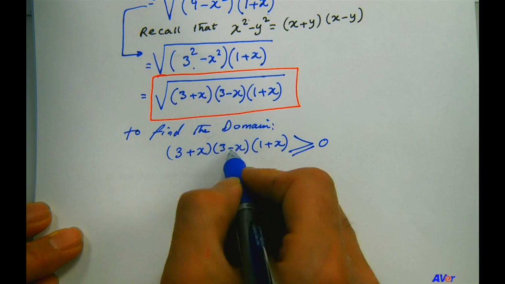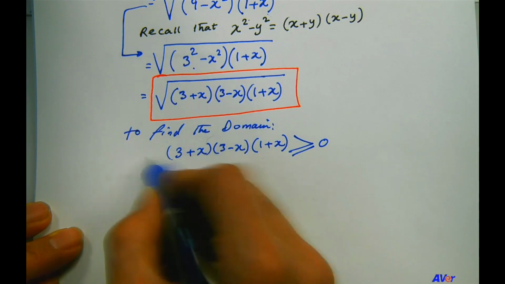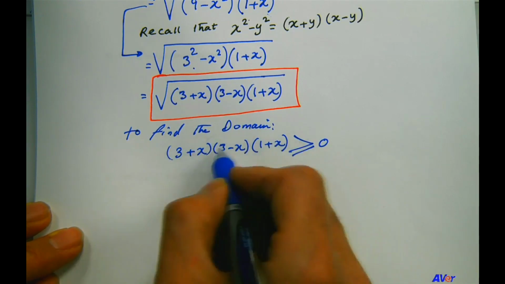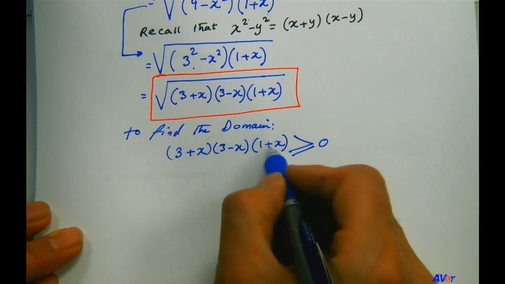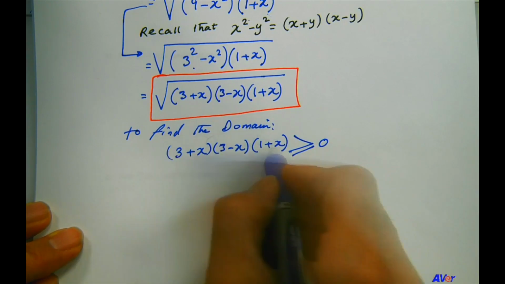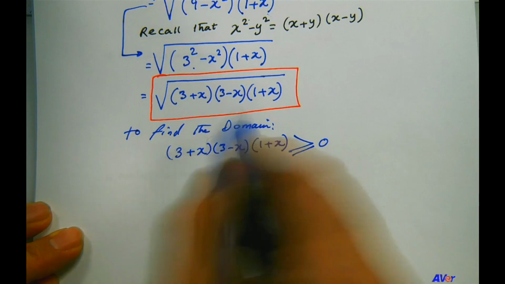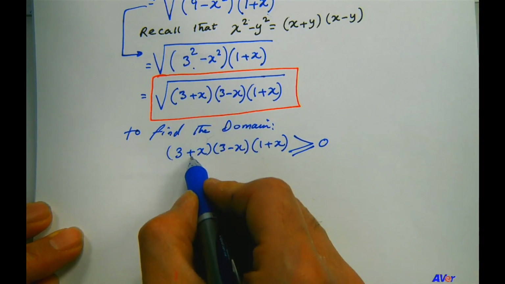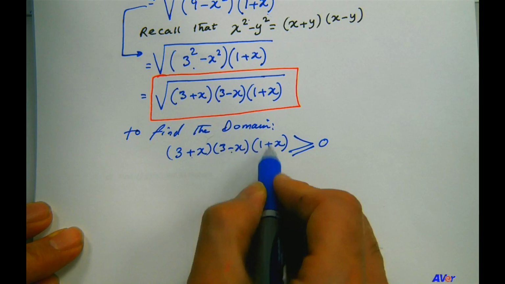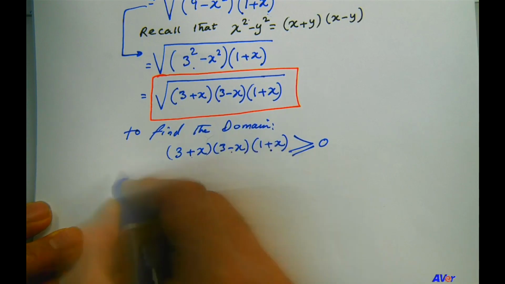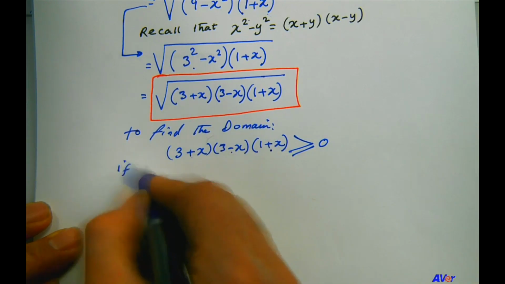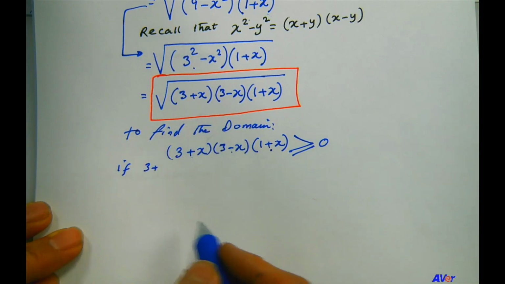If the middle expression is 0, it will make the whole thing 0. If this last expression is equal to 0, it will make the whole expression 0 because they're being multiplied. So we need to find out what makes each expression 0.